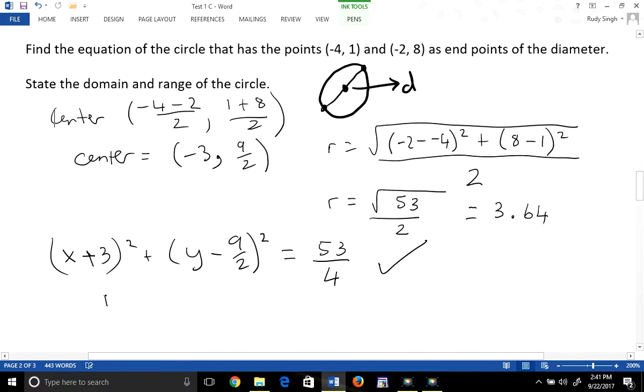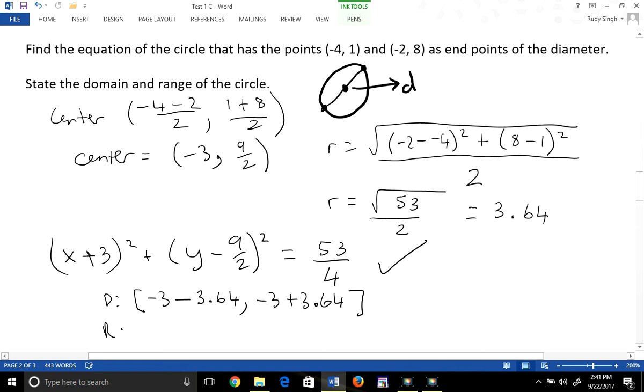So my domain is going to go from whatever my center is. Well, my x coordinate of center is -3, and I'm going to subtract off the radius. Well, I just approximated the radius as 3.64, so -3 minus 3.64, and then you're going to go to -3 plus 3.64. So think of that. That's the domain of my circle.